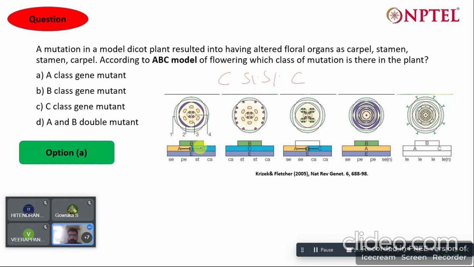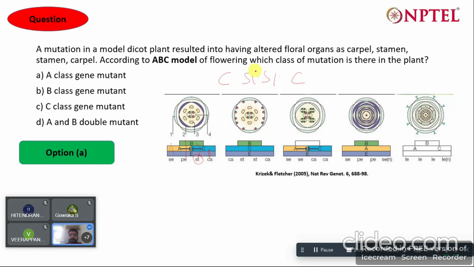Like we have just discussed, if only sepals are present, then A and E genes are present, and for petals A, B and E genes are important, and for stamen development B, C and E genes are important, and for carpel it's C and E.